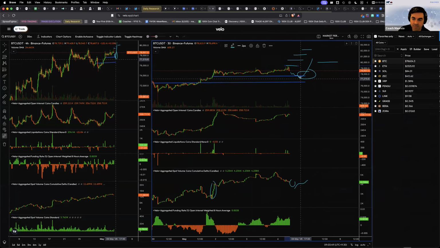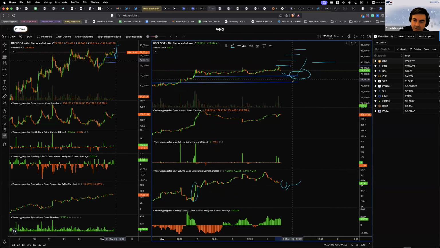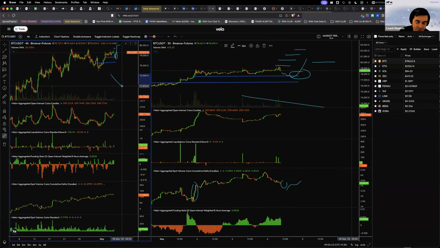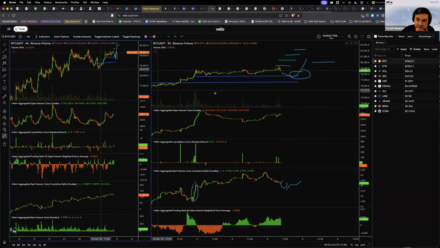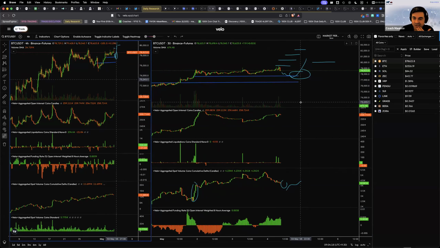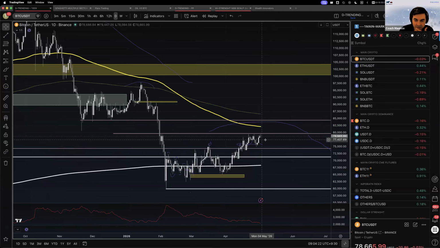Obviously it's going to be a late entry, but if we start seeing this area right here being lost and a massive amount of CVD volume coming through, dropping, then yeah, I might think about shorting. But I'm still sort of bullish, at least towards that 84 level. So yeah, that's kind of where I'm at in terms of Bitcoin.